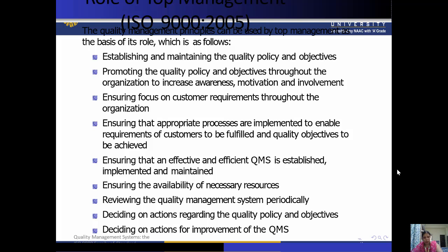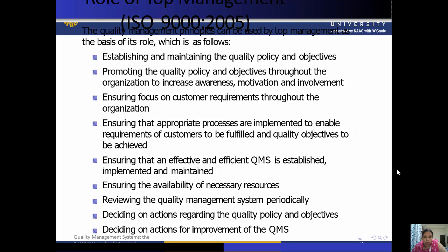Okay, it may be every 6 months or every 3 months, it depends upon your company as well as your management system. Now next is deciding on actions for improvement of the QMS.